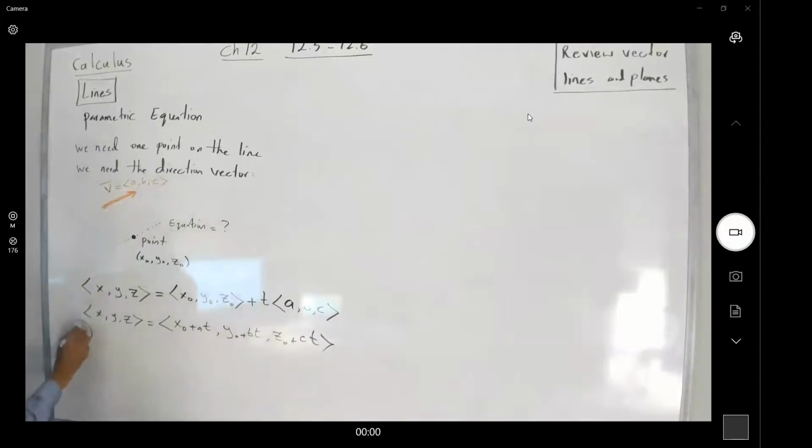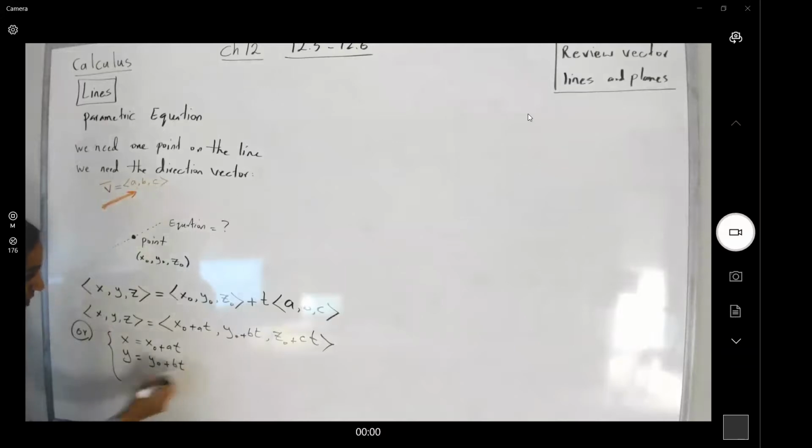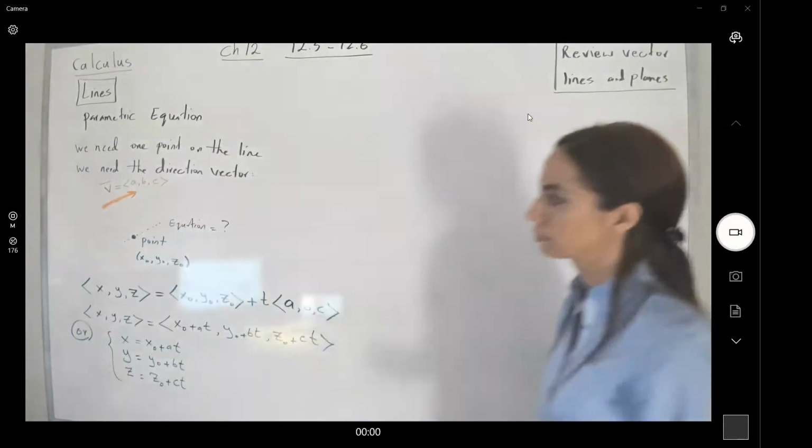Or we write it this way: the x component of the line is x equals x sub 0 plus at. The y component of the line is y sub 0 plus bt. And finally, the z component of your line is z sub 0 plus ct. Perfect.